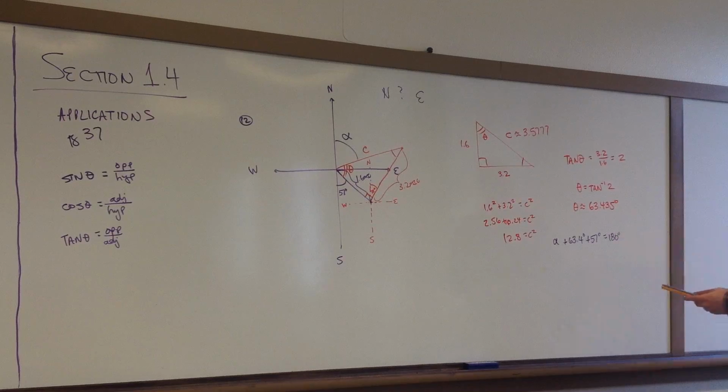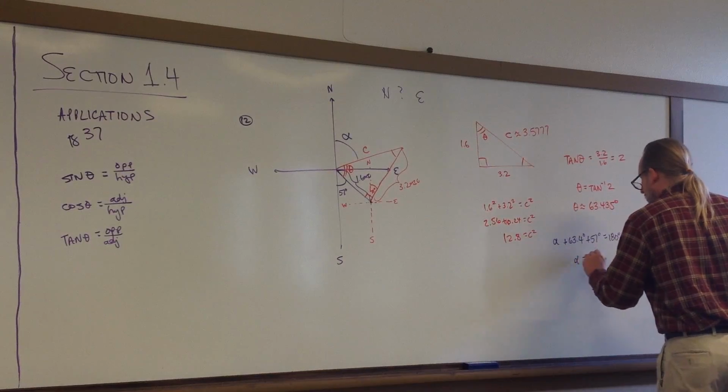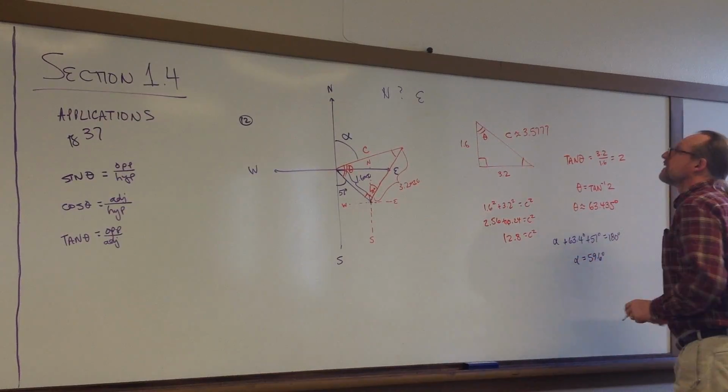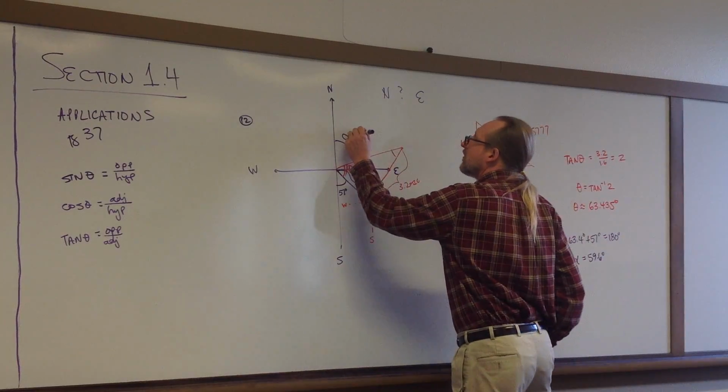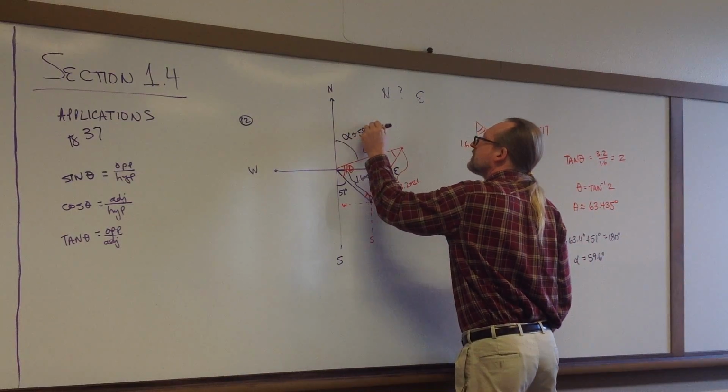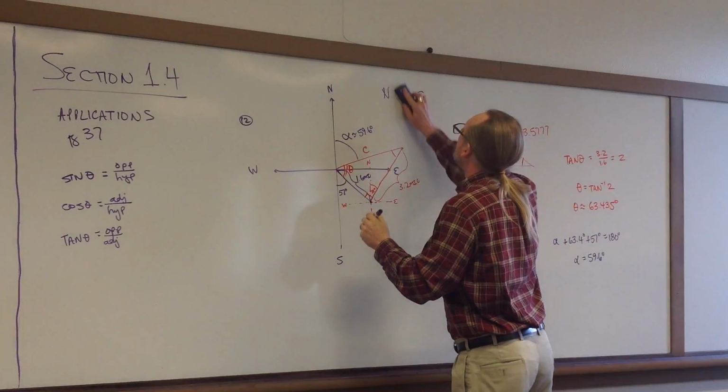So 63.4 plus 57, what is that going to be? 120.4. And then if we do 180 minus that, that should be about 59.6 degrees. There we go. Alpha is 59.6 degrees.